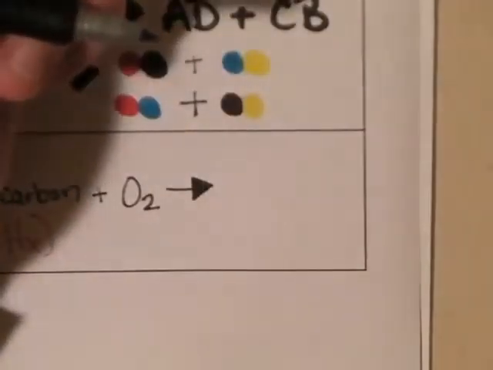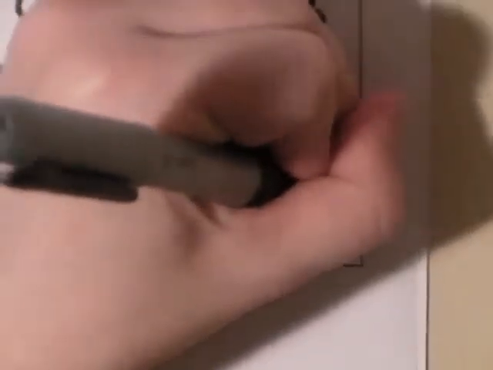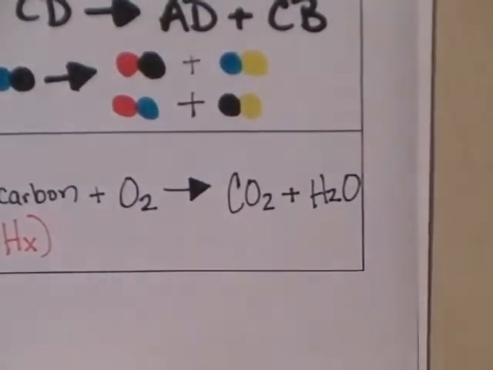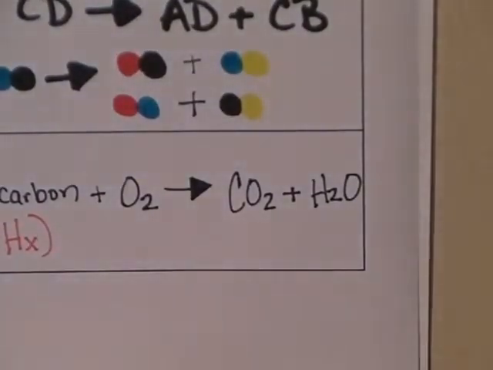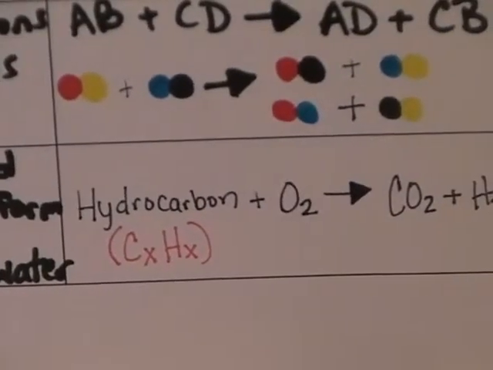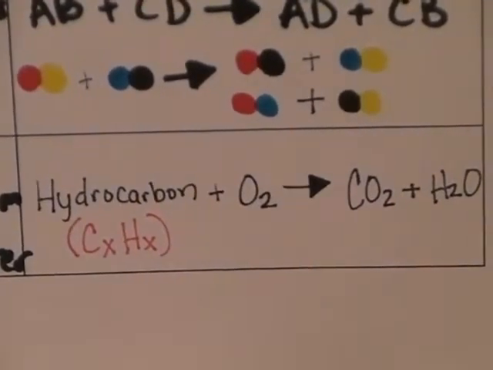So hopefully you know the symbol for carbon dioxide, CO2, plus water, H2O. Right, that's always going to be your setup for at least the kind of combustion reaction we're talking about. There are other types of combustion reactions.